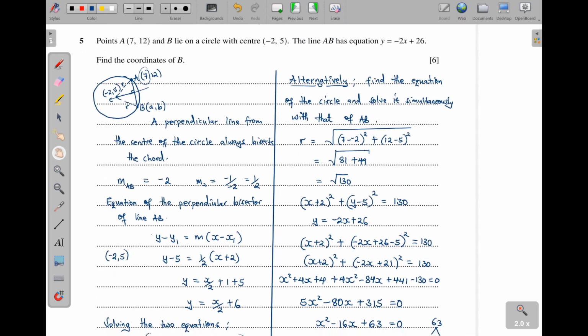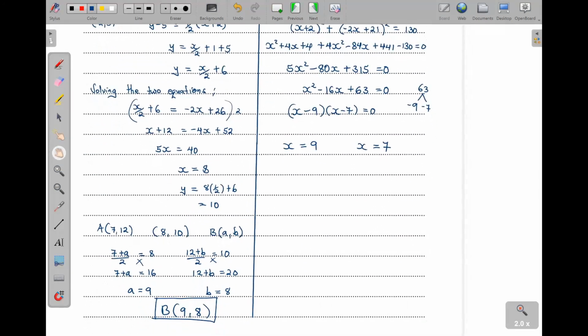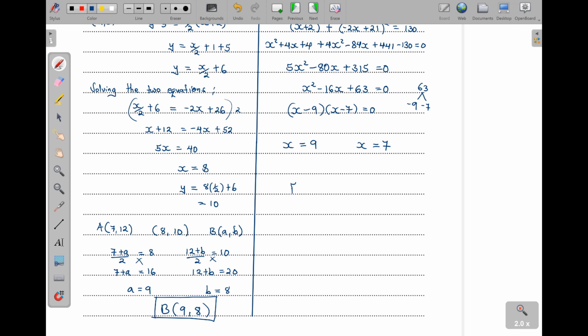But when you check out these two here, you can see that one x coordinate is already there, 7. So I'm going to take x equal to 9 as the one for B. So for x equal to 9, what will be the y coordinate?